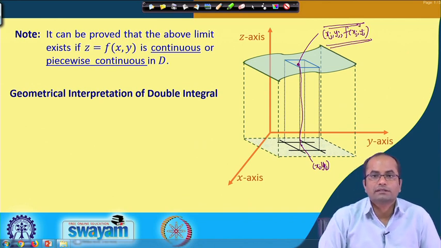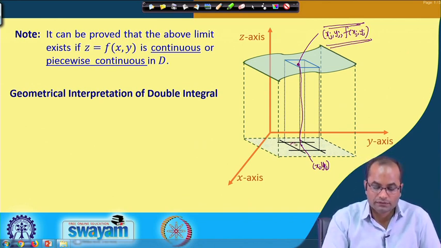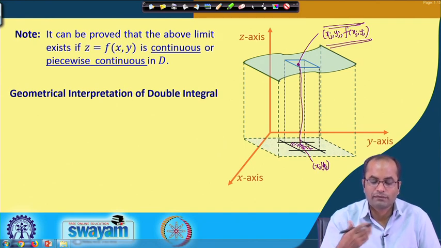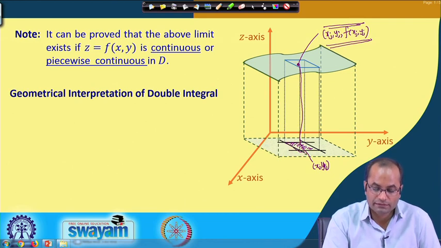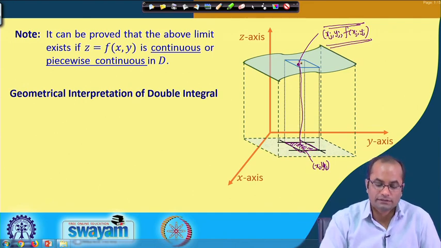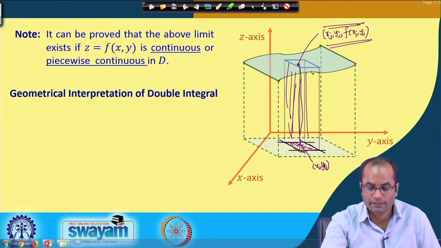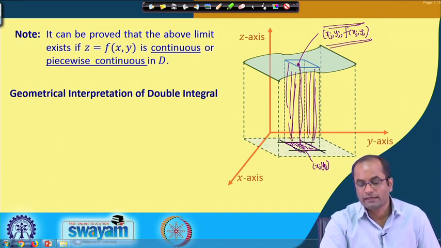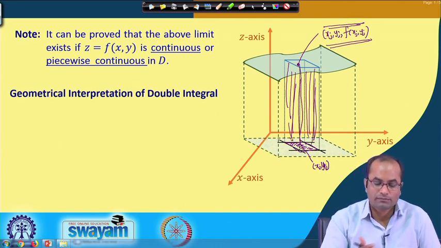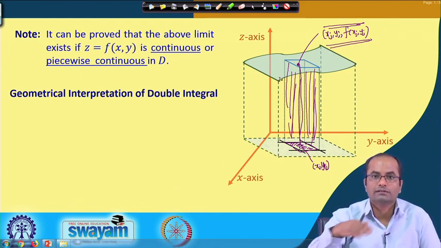Then we take the product of the area of this rectangle, or the subregion in the xy plane, and multiply it by this height. So, what do we get when we have this area and multiply by some height? We get the volume of this subregion, and then we add such subregions and take the limit. So, we get the volume under this surface.